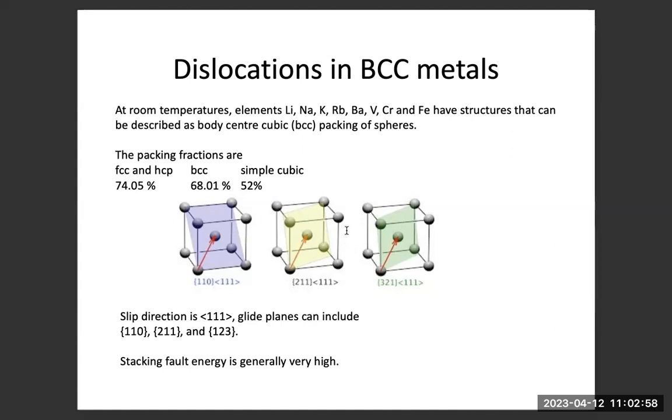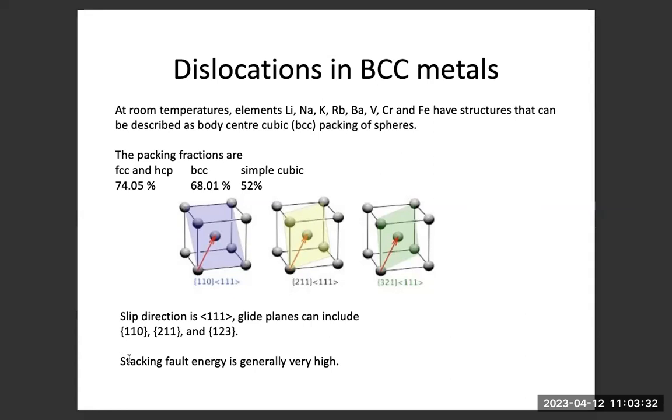If you remember FCC, we have dislocations, but they separate into Shockley partials or Frank partials. The main reason is that the stacking fault energy is pretty low, so for energetic reasons we see the separation. But for BCC materials, the stacking fault energy is relatively high.